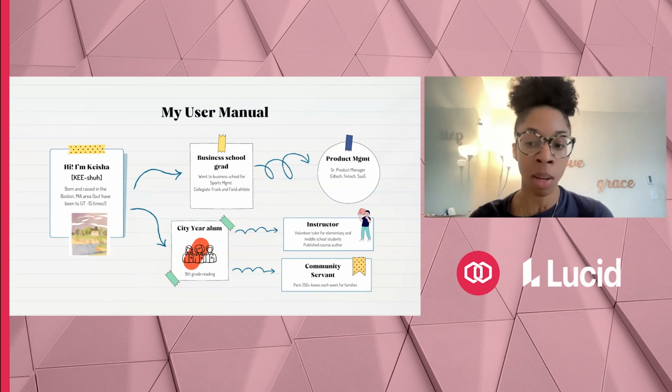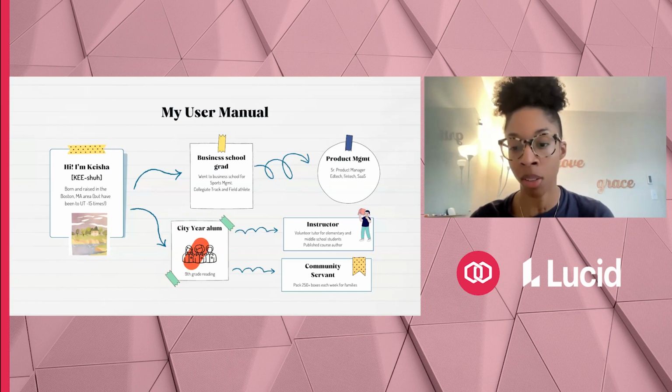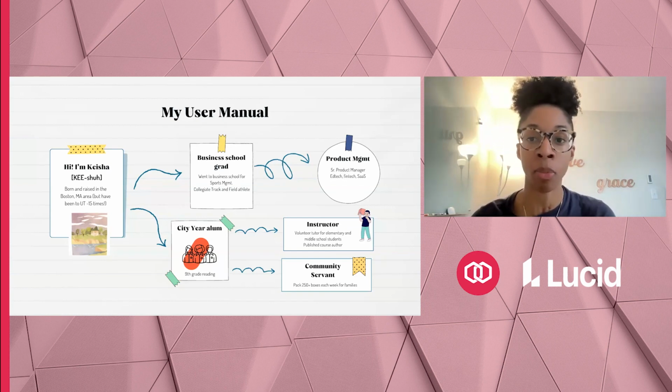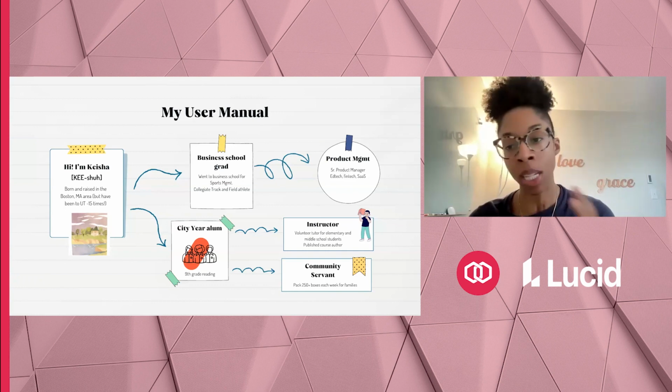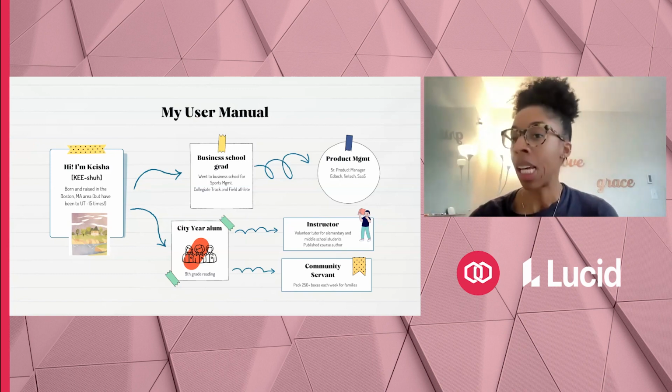Every week I also work with the local food pantry to box at least 250 boxes of food for families. That's at least 500 to 1,000 people who can eat from those boxes each week. So those are some ways to continue that service work and also do my regular job. That's a little bit about me and how I got here.